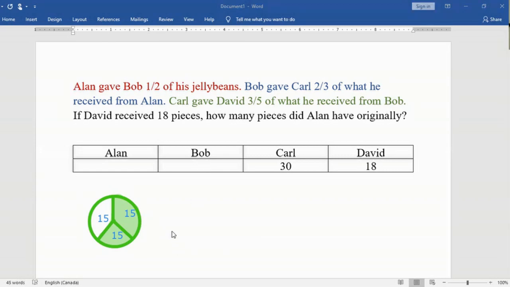Okay. So that means Bob received 45 pieces from Alan.